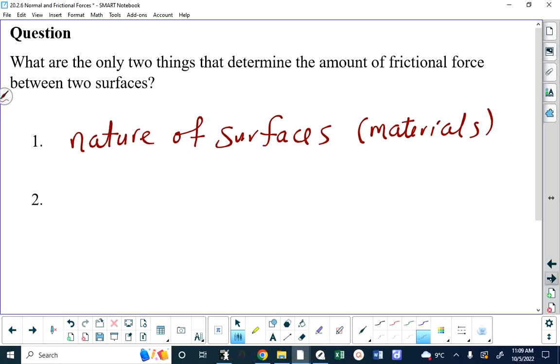Because if I tilt it like this, the normal force is very little. It's not pushing against the object in this direction at all, almost. And if I do this, it's not pushing at all. There is no normal force. And if I do that, guess what? There's no friction. The object's just going to fall. So the two things that determine the force of friction are the nature of the surfaces and the normal force.